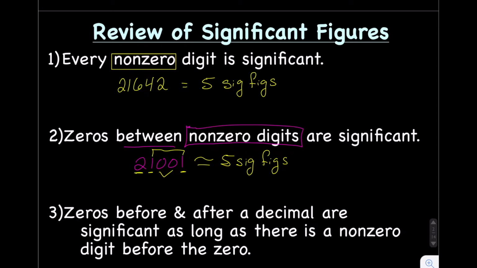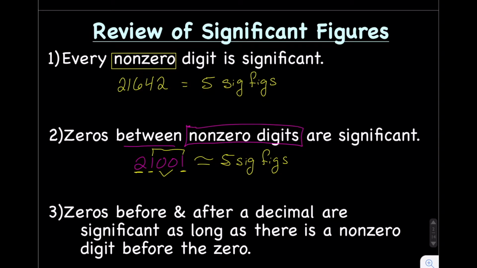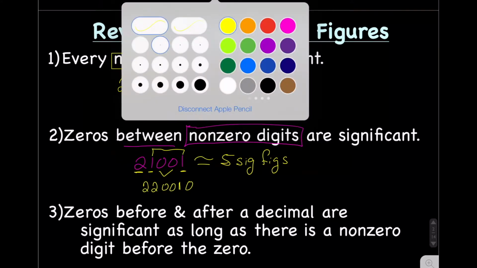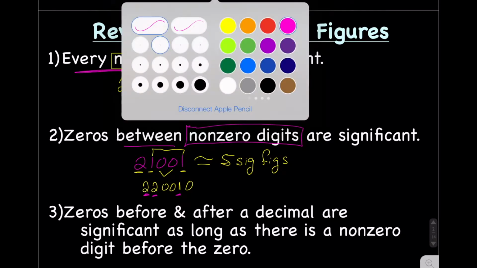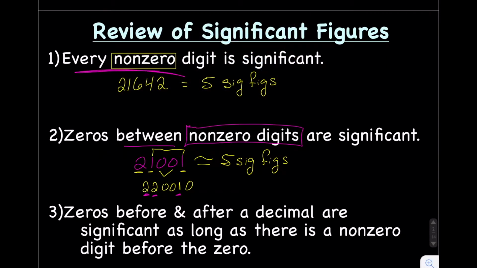What if we had a number like 2, 2, 0, 0, 1, 0. All right, so the 2, and the 1 are all significant because they are non-zero digits. The 2 zeros in the middle here are also significant because they are zeros between non-zero digits.